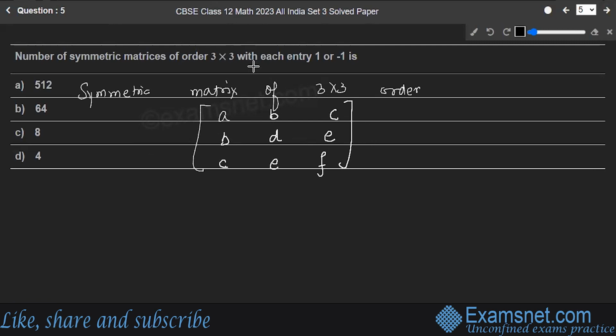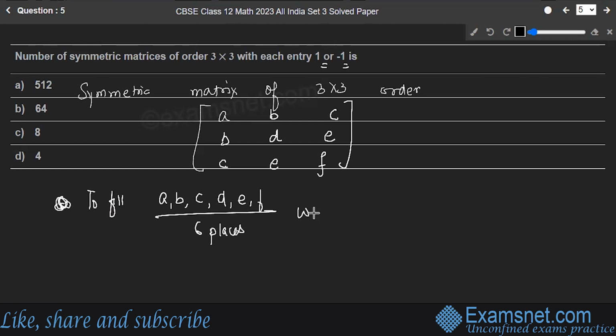Correct? Now you have to fill A, B, C, D, E, F with either 1 or minus 1. So to fill A, B, C, D, E, F, which are the 6 places, with 2 choices, that is 1 and minus 1.